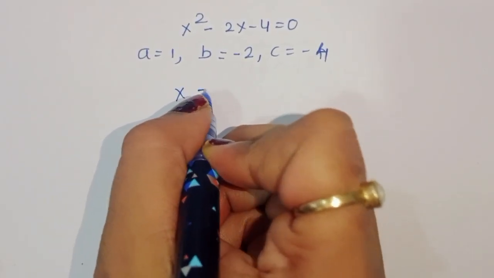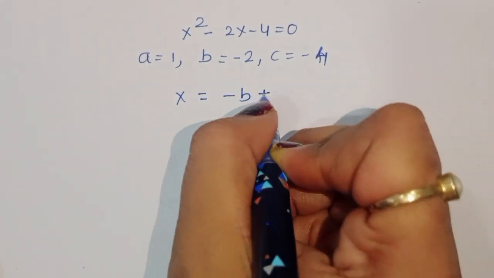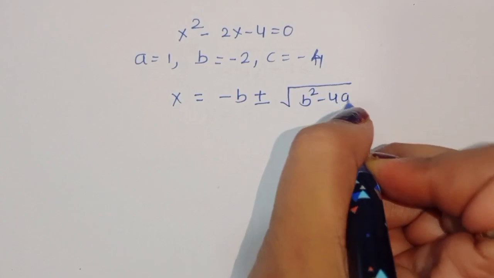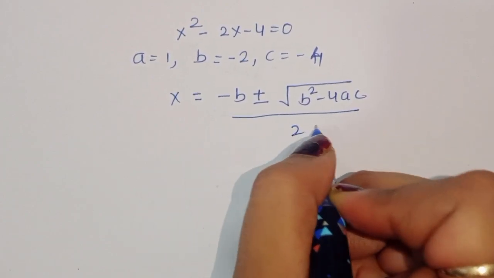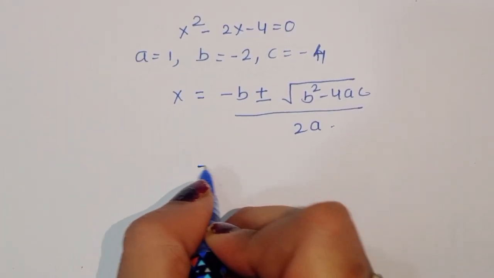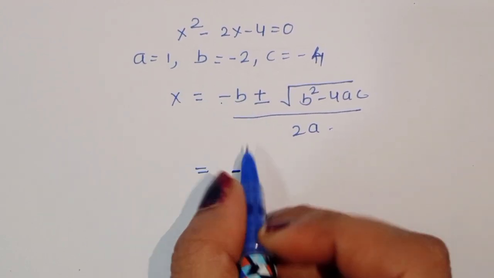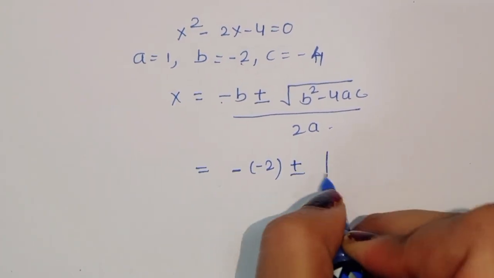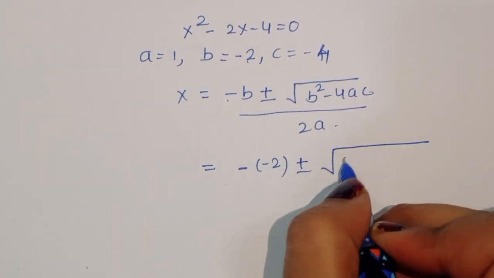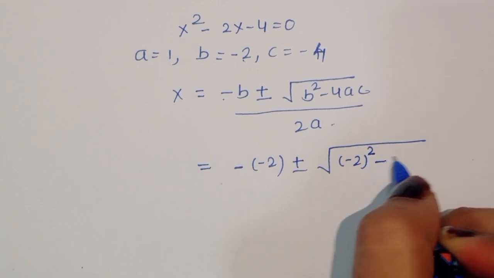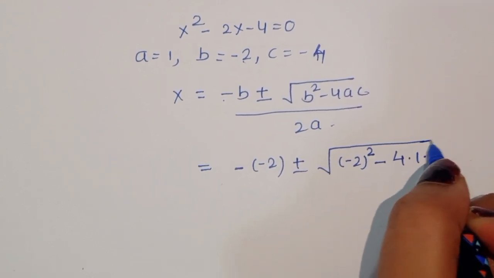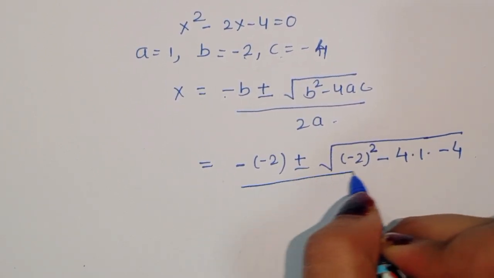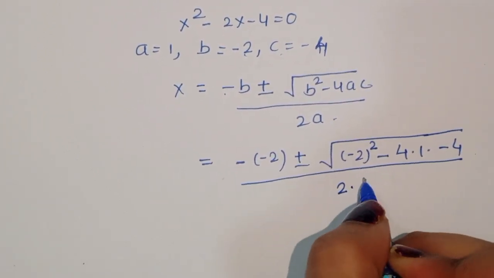Then the value of x is equal to minus b plus minus square root of b² minus 4ac upon 2a, right. That is minus of b, which is minus 2, plus minus square root of b², that is (minus 2)², minus 4 times a times c, c is minus 4, divided by 2 times a, that is 1.